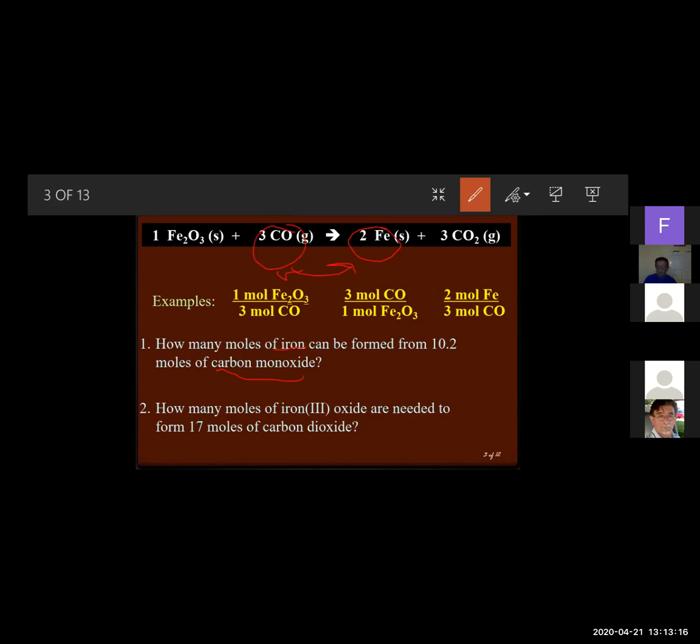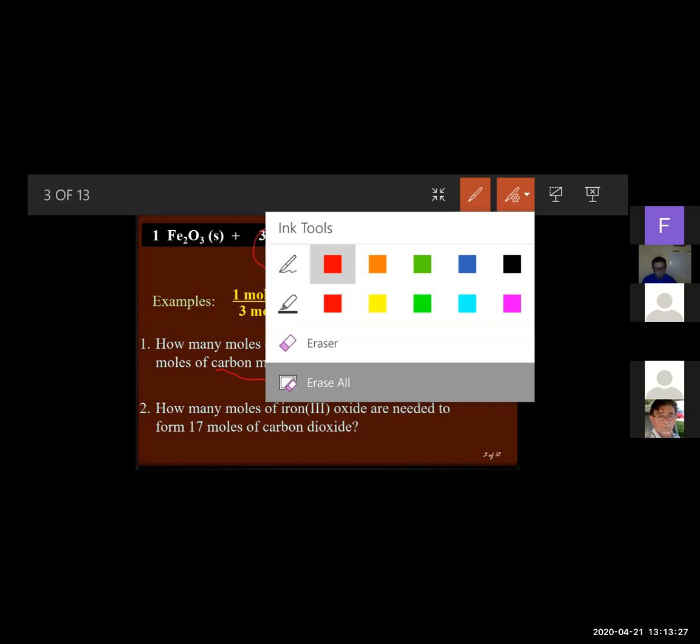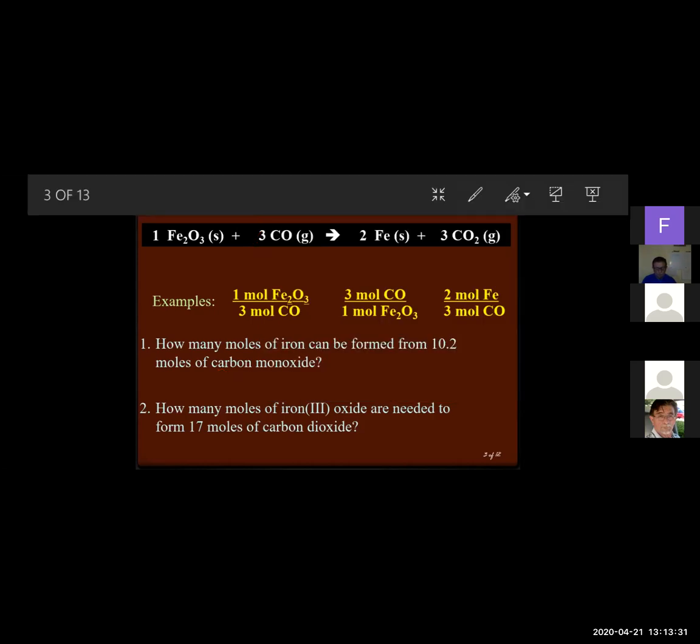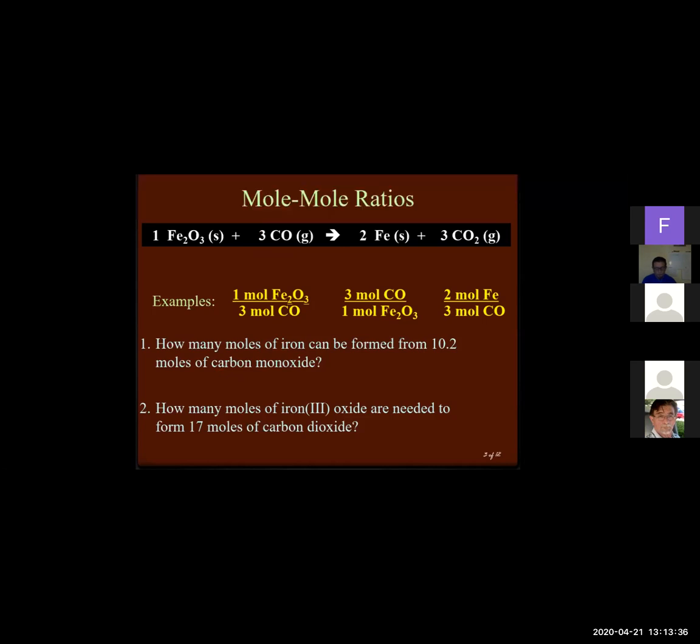We don't worry about everything else because the question is just asking what's going on between carbon monoxide and iron. So what I see here is a 3 to 2 ratio between carbon monoxide and iron.